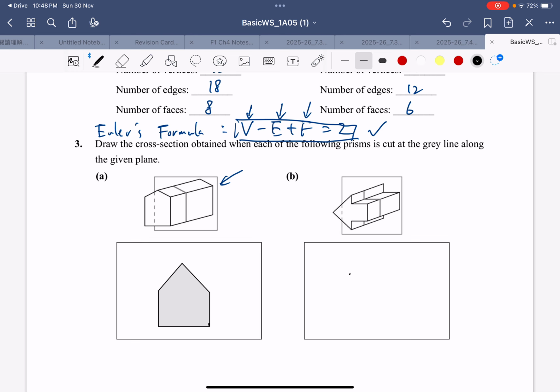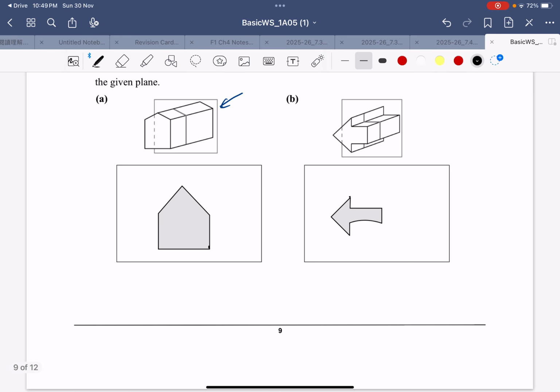Okay, how about this? And then, oh, why is it curved? Yeah, this is like an arrow. Okay, next.